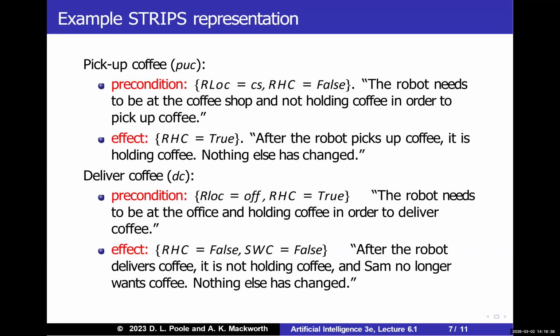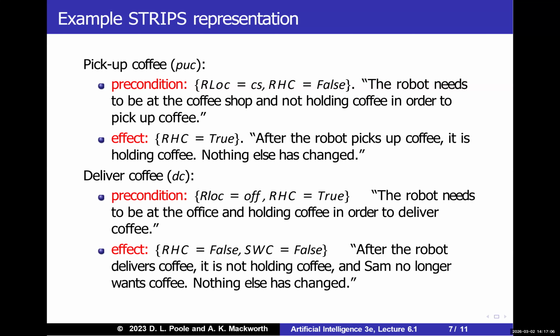Similarly, if the robot delivers coffee, it must be at the office and holding coffee. Those are the preconditions for that action. After the action, it no longer has coffee, and Sam no longer wants coffee because he's already received it, and nothing else has changed.